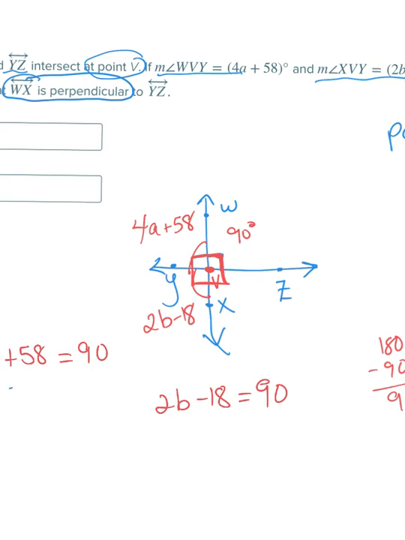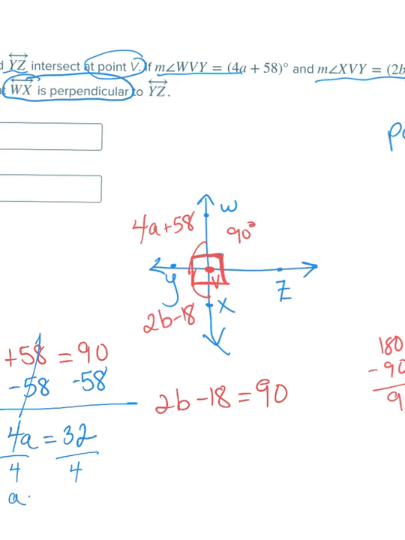Solve for a and b, so I'm going to subtract 58 from both sides, so I get rid of my constants. So 90 minus 58 equals 32. And then my last step is to divide by 4, so a equals 8.